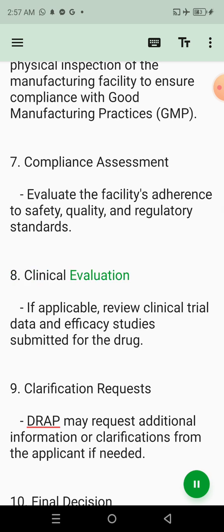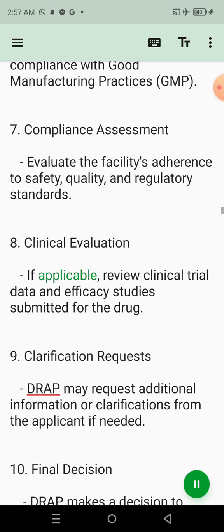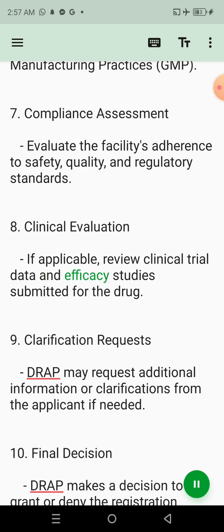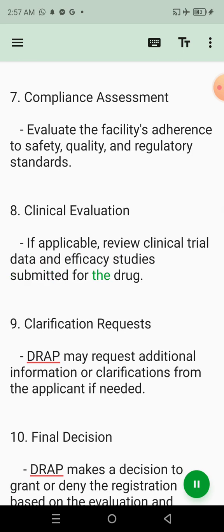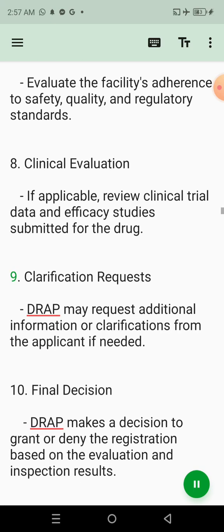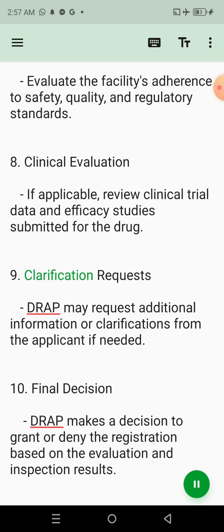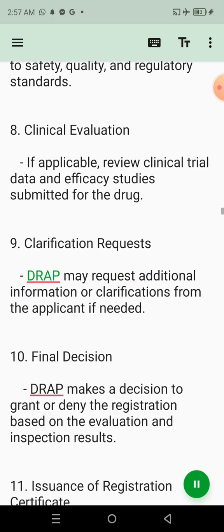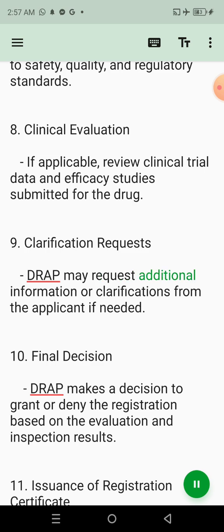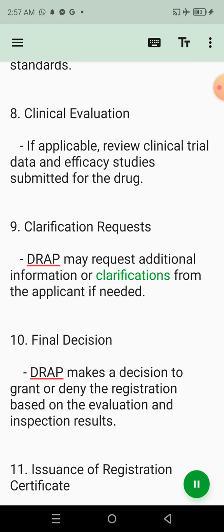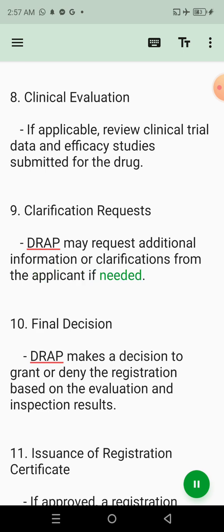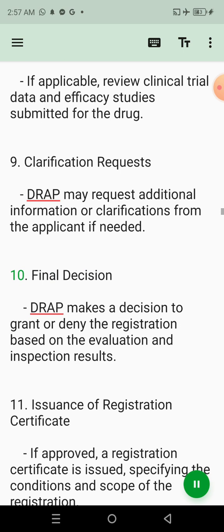8. Clinical evaluation. If applicable, review clinical trial data and efficacy studies submitted for the drug. 9. Clarification requests. DRAP may request additional information or clarifications from the applicant if needed. 10. Final decision.